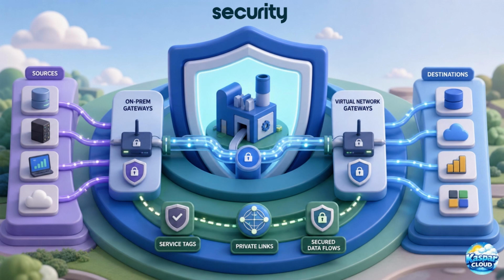These controls help protect data as it moves between source systems, gateways, Microsoft Fabric services, and destination environments. Network security design should align with enterprise security standards, compliance requirements, and zero trust principles wherever possible. For highly regulated or sensitive workloads, private connectivity, restricted outbound traffic policies, and tightly controlled network boundaries become especially important for protecting data movement and integration operations.